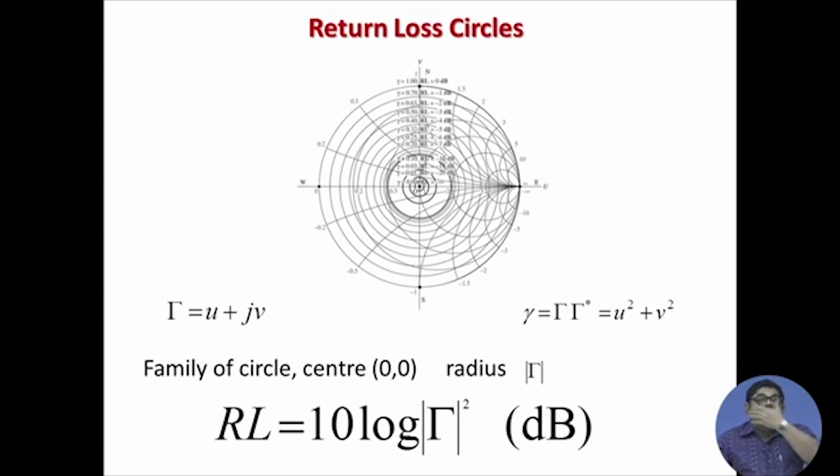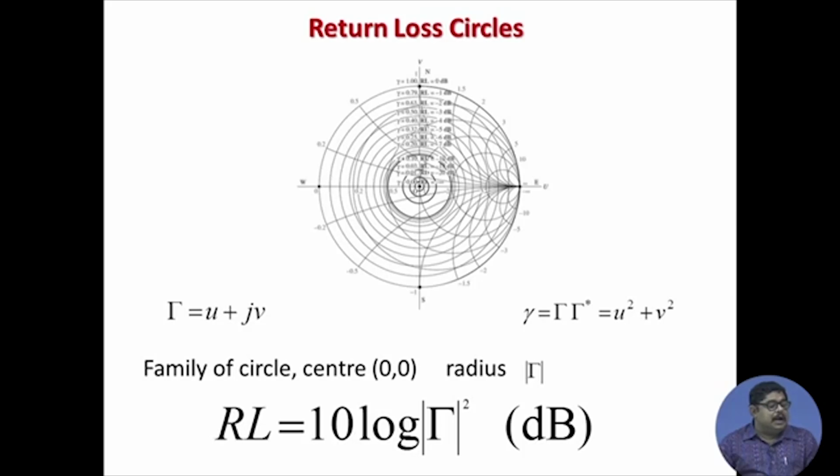Now, one thing is, even if you cannot make the reflection coefficient 0, you can make the return loss up to a certain level, as we saw in the previous lectures. The power loss is this much, let us say tolerable.